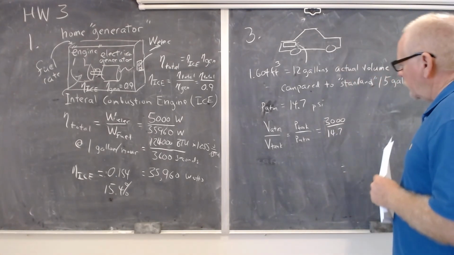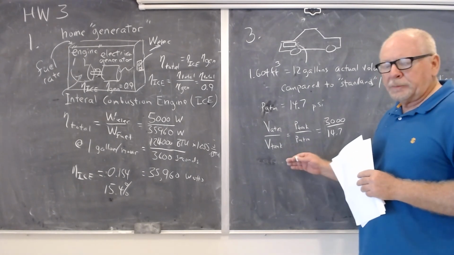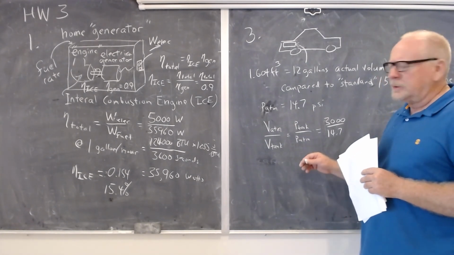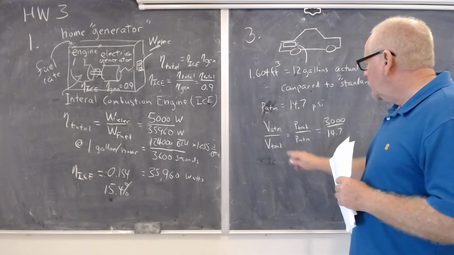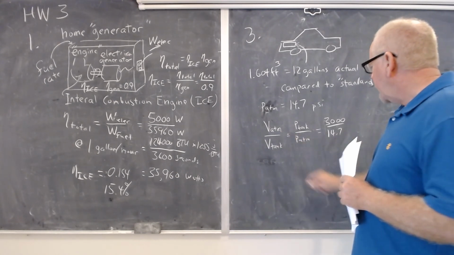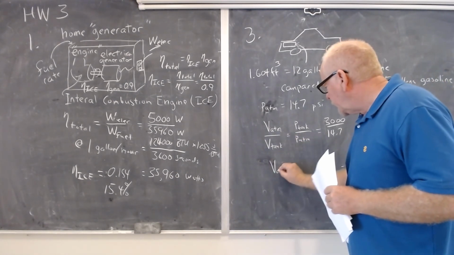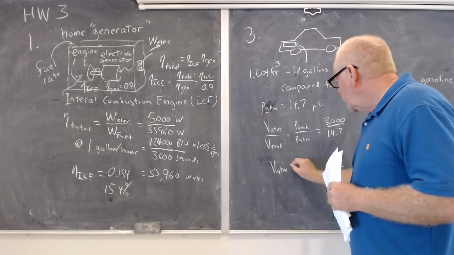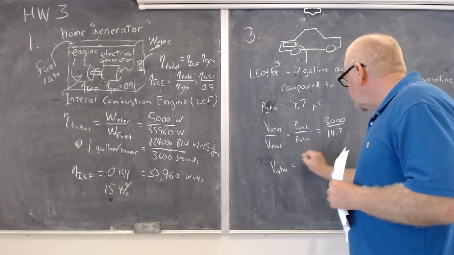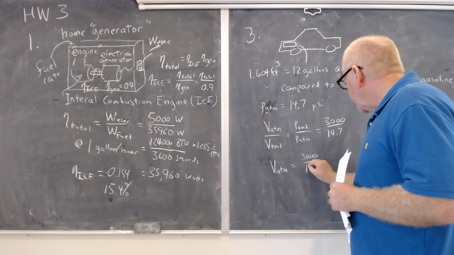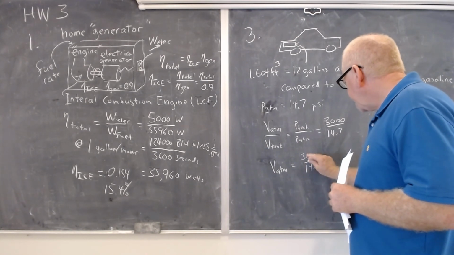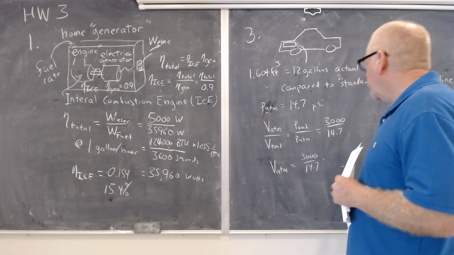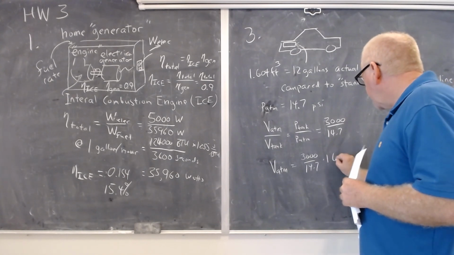At least this is the way I thought of the problem. There might be other ways to think about it, but basically, I wanted to get V atmosphere. So V at atmospheric pressure is equal to 3,000 over 14.7 times 1.604.